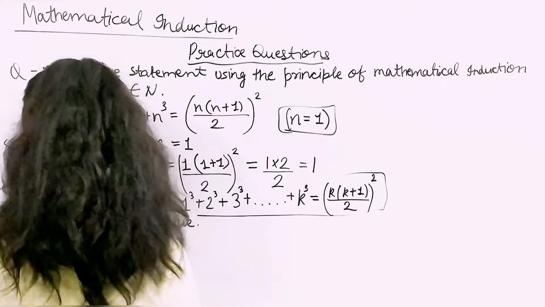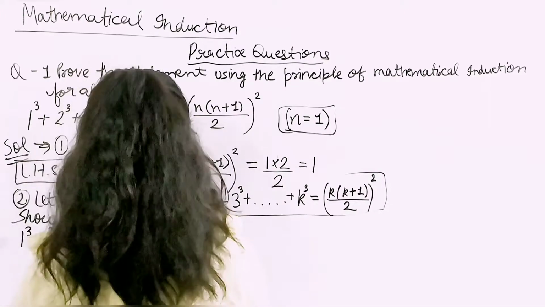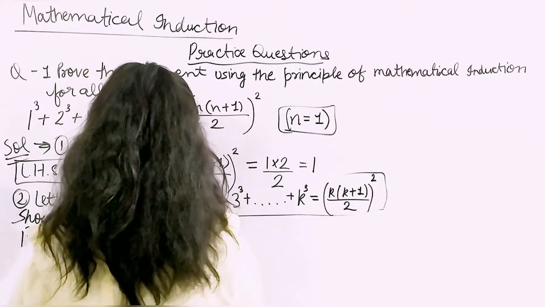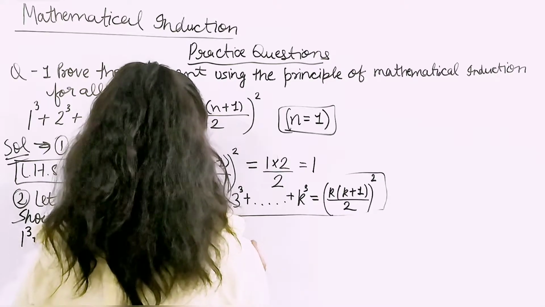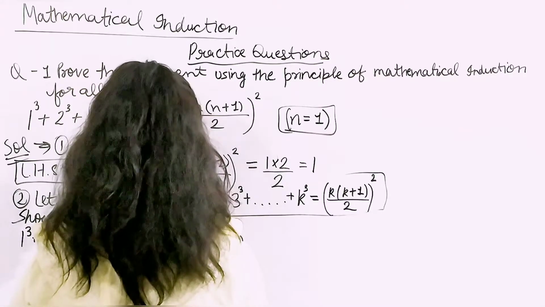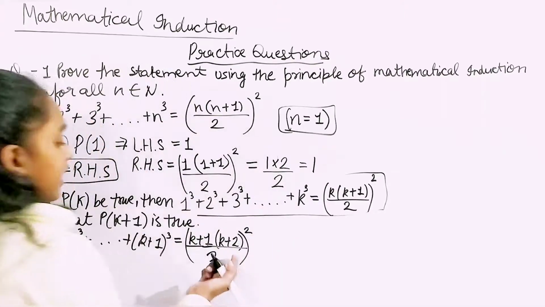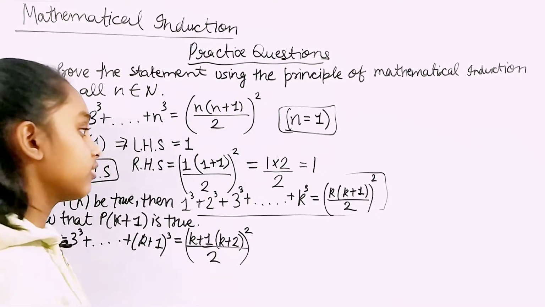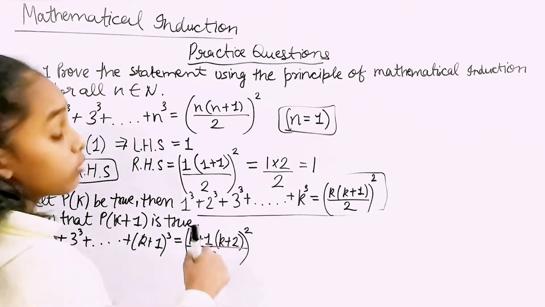Okay, and then we're going to write k plus 1, then k plus 2 upon 2 whole square. Right here I just added 1 and 1, from which I got 2.